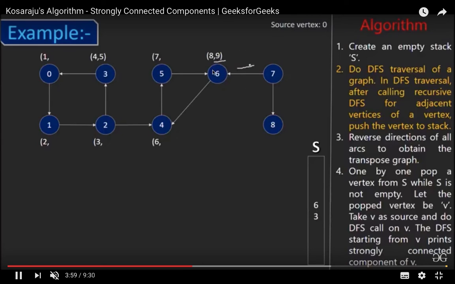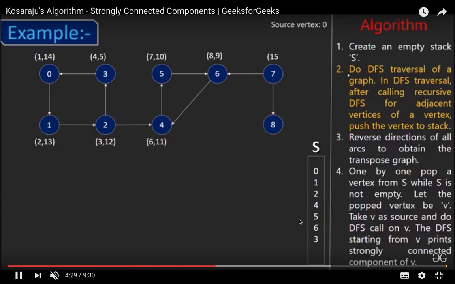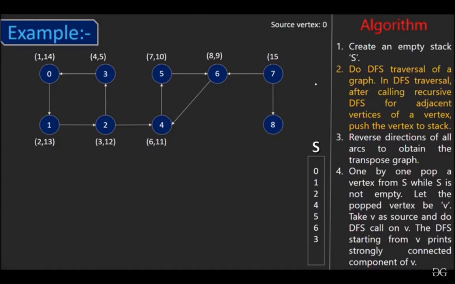So this will go to the stack, we put it in the stack, go back, also put 5 in the stack, and there is no direction, go to 4, we also see 4 and push it in the stack, go back to 2, and so on. We will see that all vertices we put in the stack. After all this, we reverse the direction of all arcs to obtain the transpose of the graph.